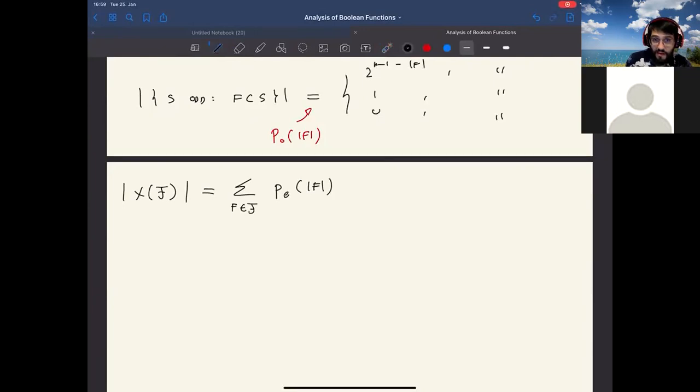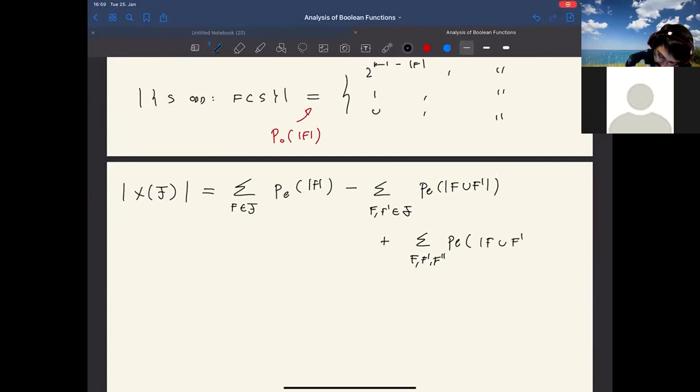So you add up all the sets that contain one set, then you subtract all the sets that contain two sets, and then you add all the sets that contain three sets, and so on. This is the first sum.